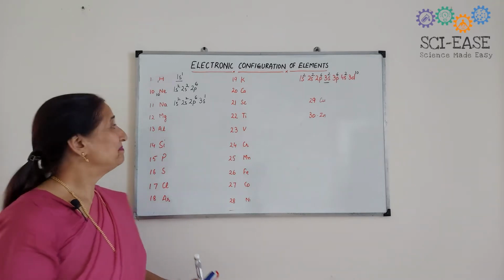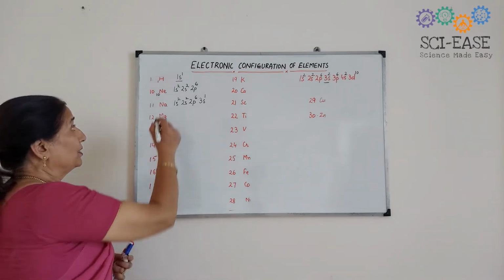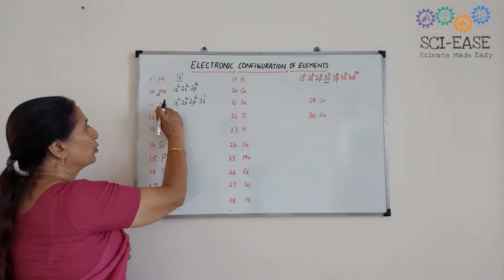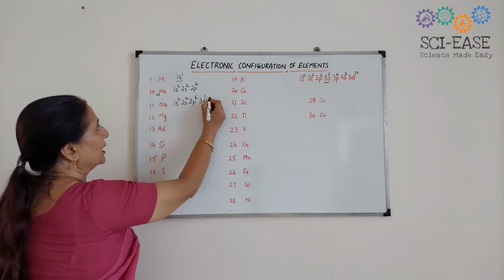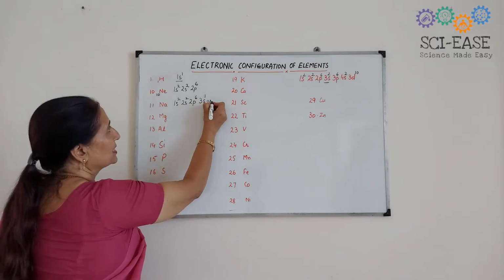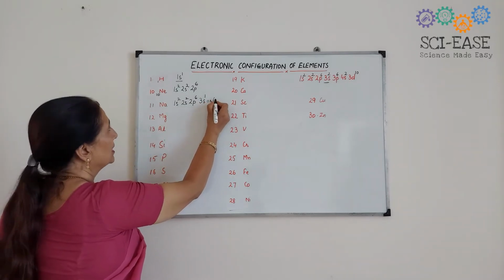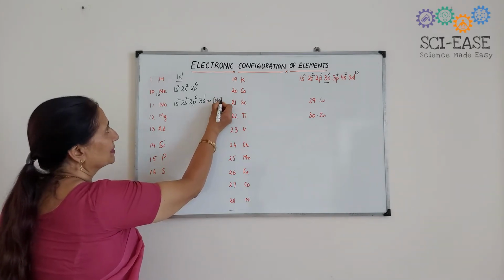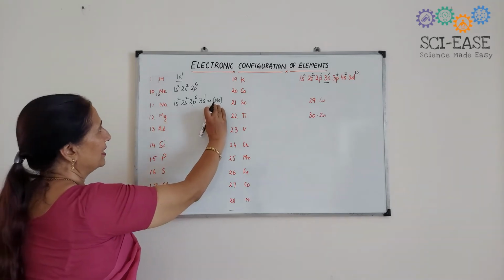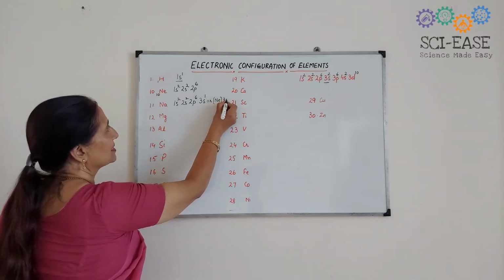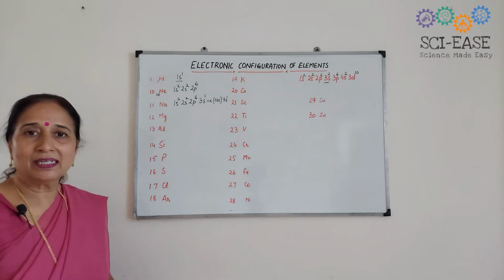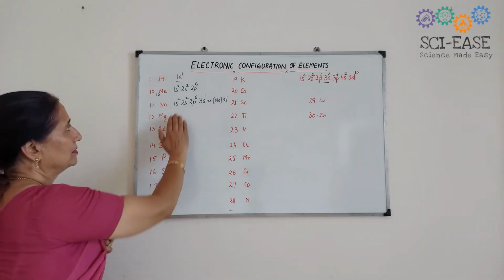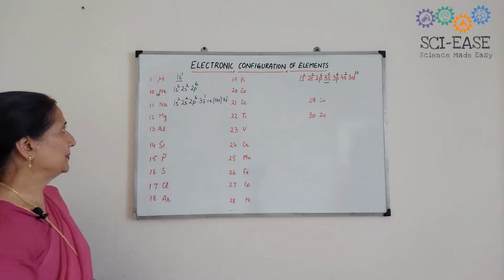Okay, clear? You can write this configuration of sodium like this, or it can be written like core of neon, because it has 10 electrons, and then 3s1. This is another way of representing the electronic configuration, and this is the elaborated method.